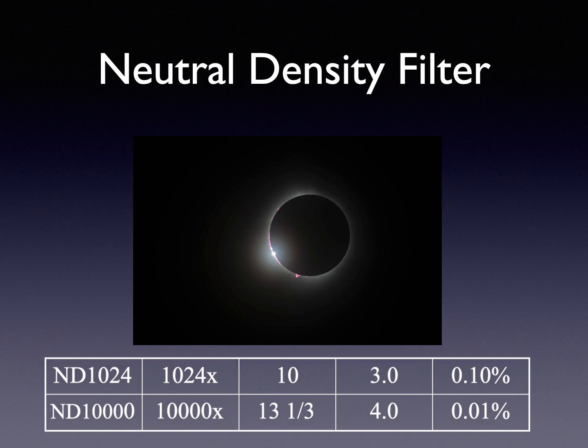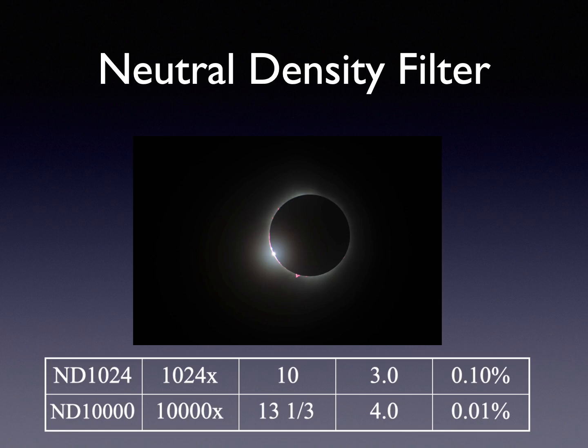If you were trying to photograph an eclipse, you would want to use at least an ND 1024 that gives you 10% of the light that you would get with the lowest ISO you could use on your camera. And you can even go to ND 10,000 that would give you a 1% difference.